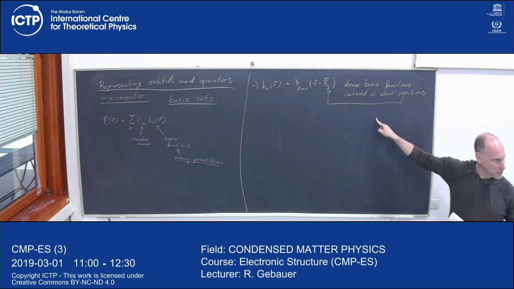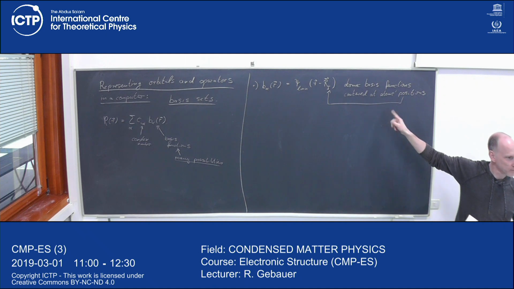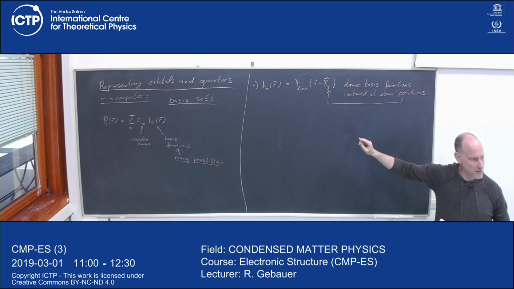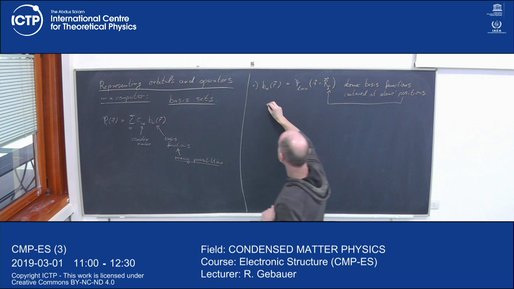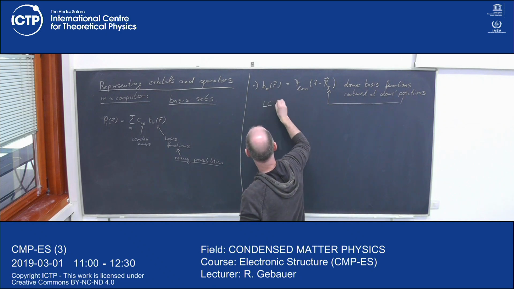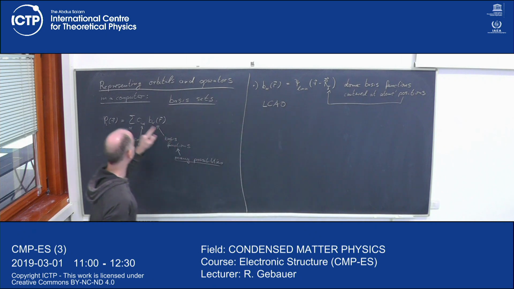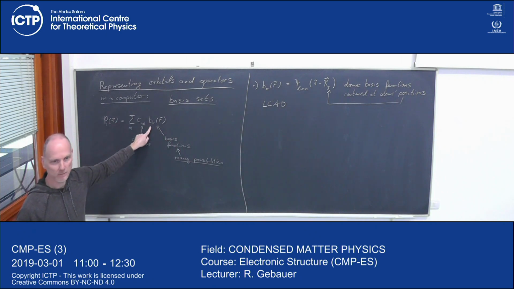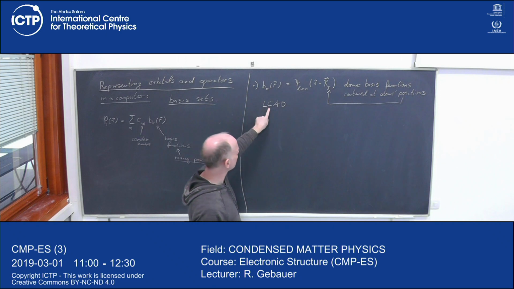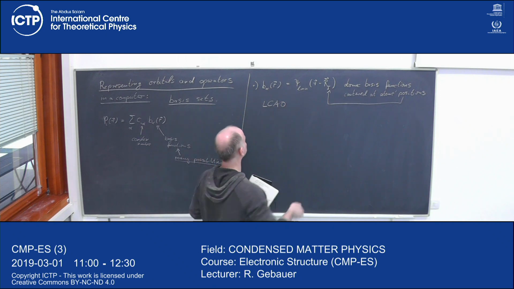Anyone knows how this kind of approach is called? It has a name which some of you have certainly already heard, LCAO. So this means linear combination, because we write everything as linear combinations, as we've seen. Linear combination of atomic orbitals.